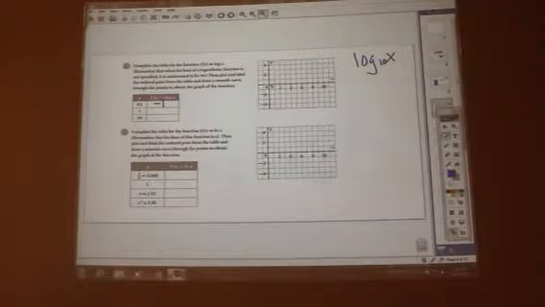So you're going to plot that point, 0.1, -1, right there. Then we will put log of 1, which will be 0. So 1, 0 is a point. Log of 10 is 1. So 10, 1, right there. This graph goes just like this, right there. That is log base 10 of x.